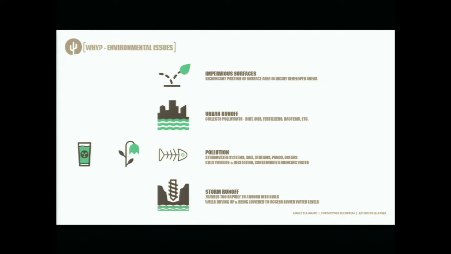Also, as areas begin to become highly developed, a lot of the surfaces are made up of impervious surfaces, which is causing urban runoff. And as urban runoff picks up pollutants, such as dirt, oils, fertilizers, bacteria, it's bringing those into our stormwater systems, our soil, our streams, ponds, oceans, contaminating drinking water, killing off wildlife and vegetation.